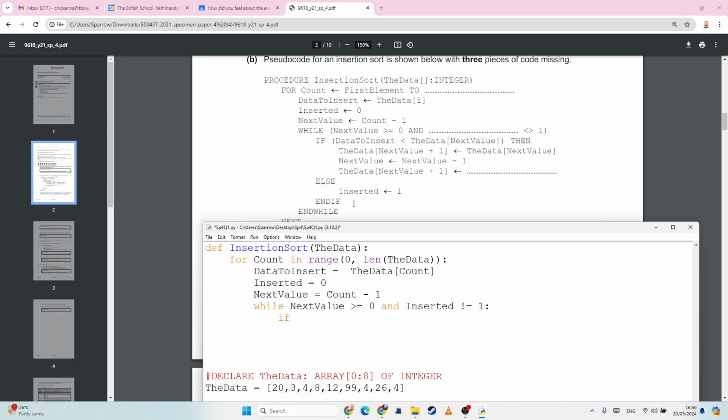And then I'm going to say if the data to insert is less than the data next value.